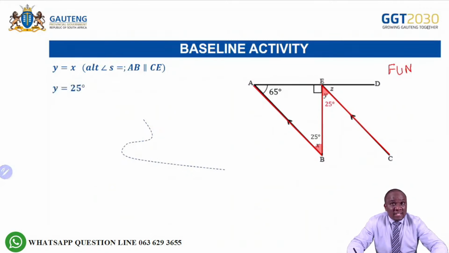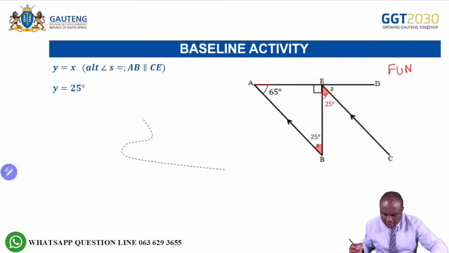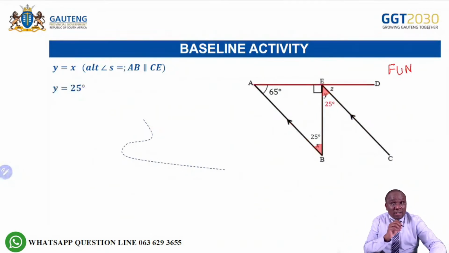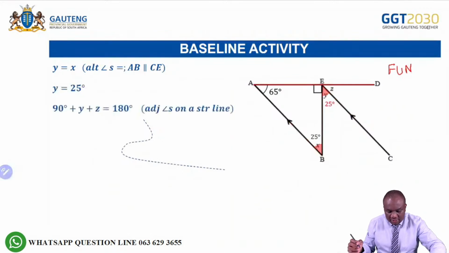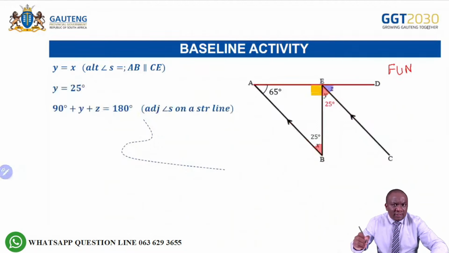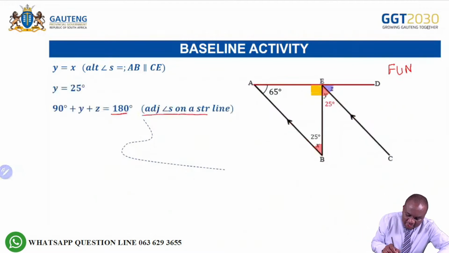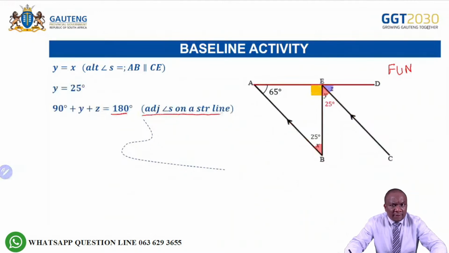Okay, and then how do we find Z? There are many ways we can find Z. Let me start with the first one. If you check this angle, which angle is that? AED, they are on a straight line. And then this right angle, the yellow one there, and Y and Z are adjacent angles on a straight line. Adjacent angles on a straight line add up to what? 180 degrees. And then you write your reason: adjacent angles on a straight line.